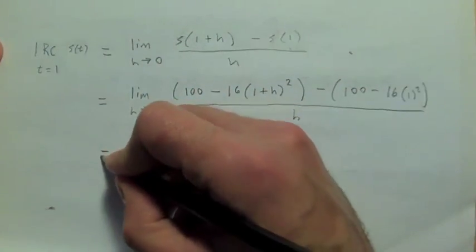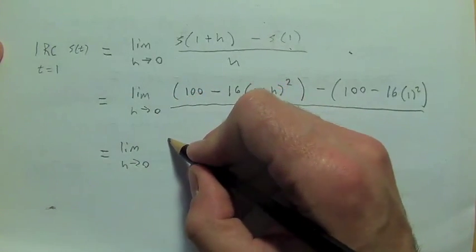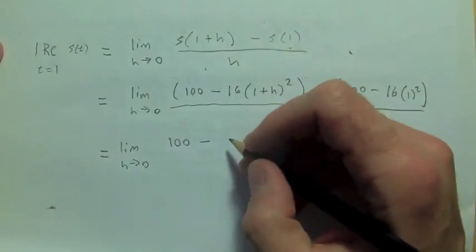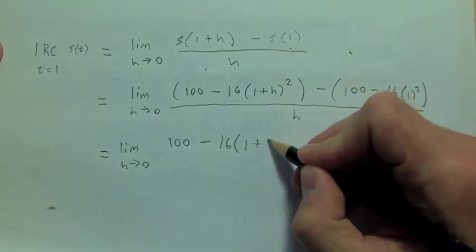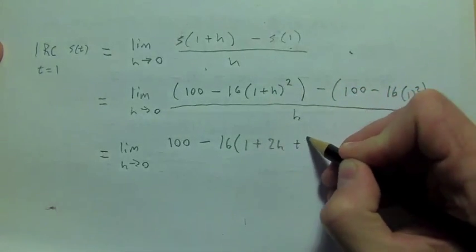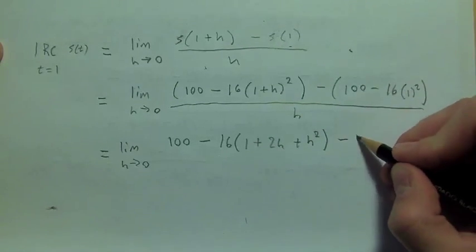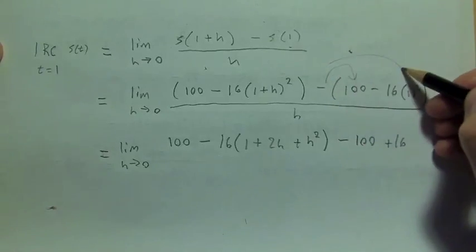Right, so this will be the limit as h goes to 0 of 100 minus 16. I'm going to FOIL this out. That'll be 1 plus 2h plus h squared, minus (100 minus 16). Remember to distribute this negative sign across.